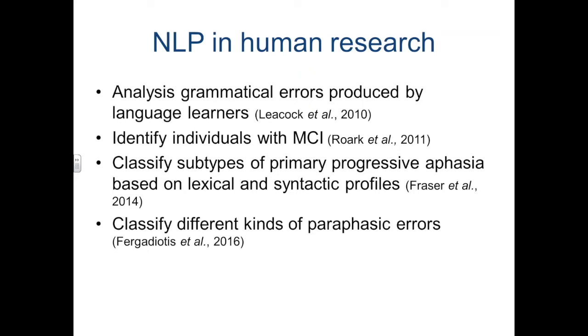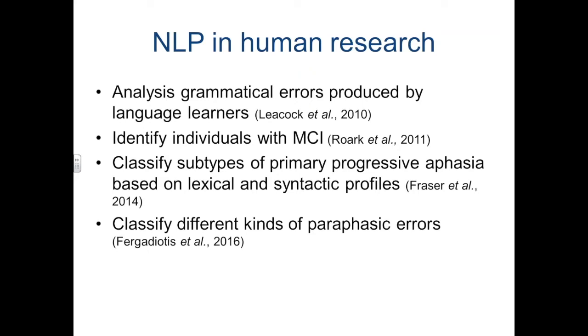It's been used to classify subtypes of primary progressive aphasia based on lexical and syntactic profiles, so trying to determine different subtypes of PPA, like semantic dementia or progressive non-fluent aphasia, based on the speech elicited by these patients.